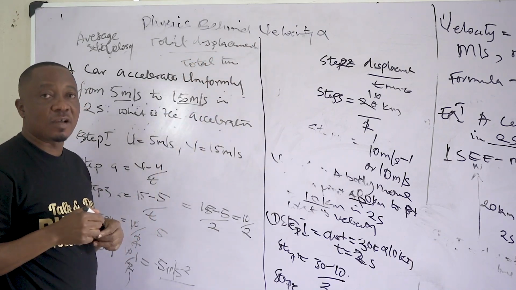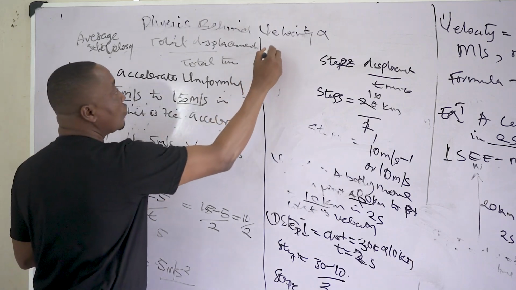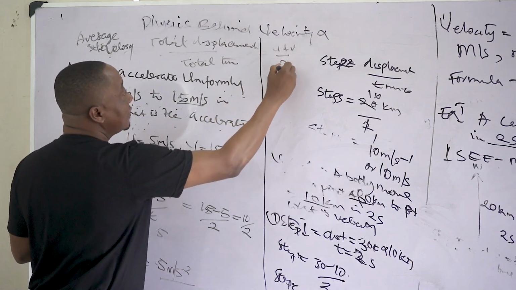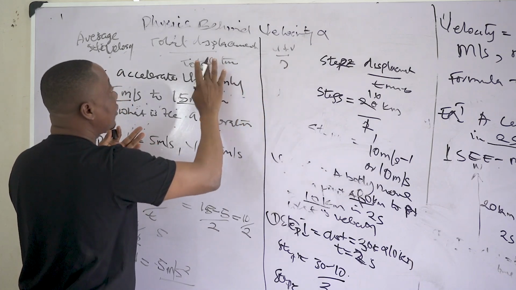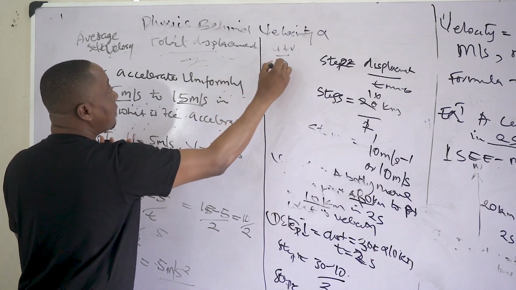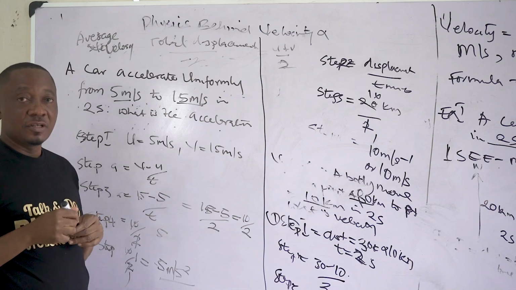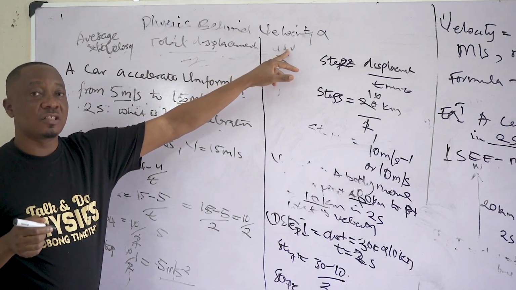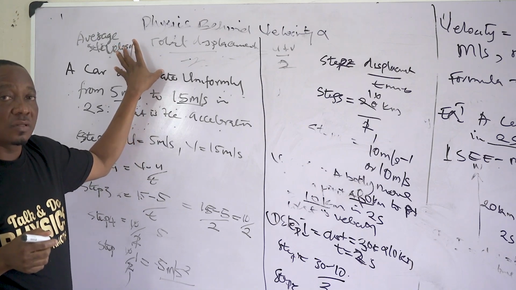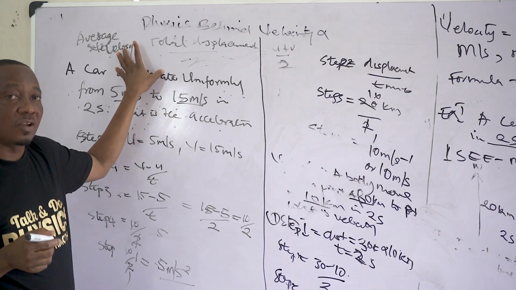So in solving this, it will be u plus v all over 2, because we are talking about average. It will not be time; it will be 2, divided by 2, because we are talking about the average. So it's initial velocity plus the final velocity all over 2. That is what we mean by average velocity.